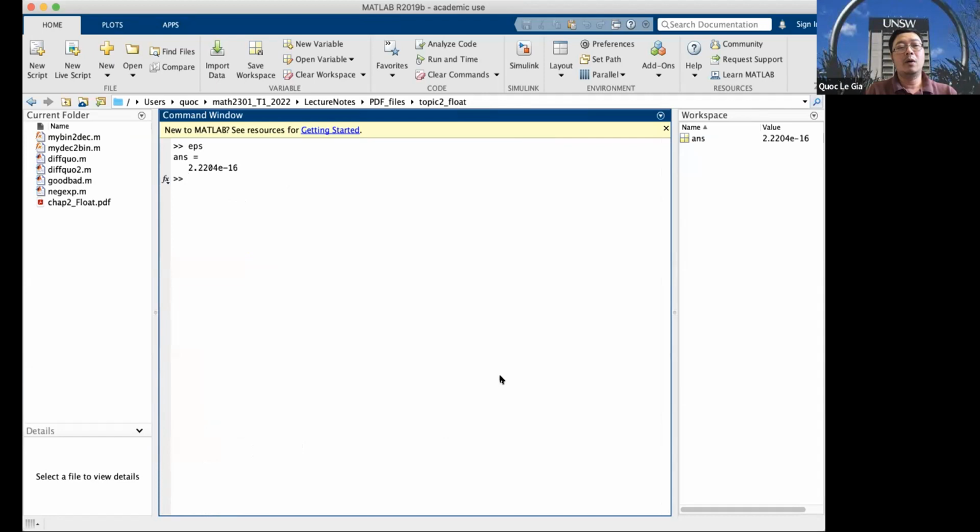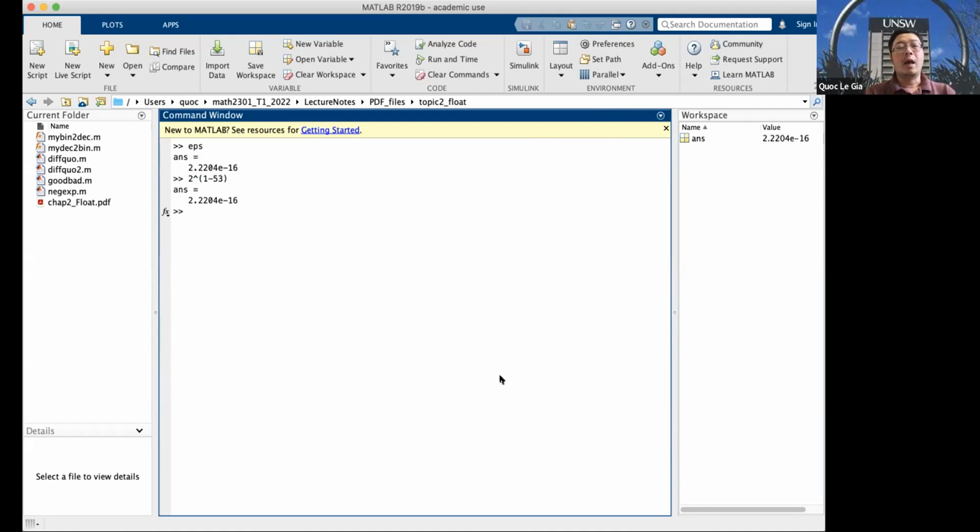Remember, epsilon is the gap between 1 and the next machine number, and it is 2 to the minus 1 minus p, and in our case p is 53. Then it gives you exactly the same.